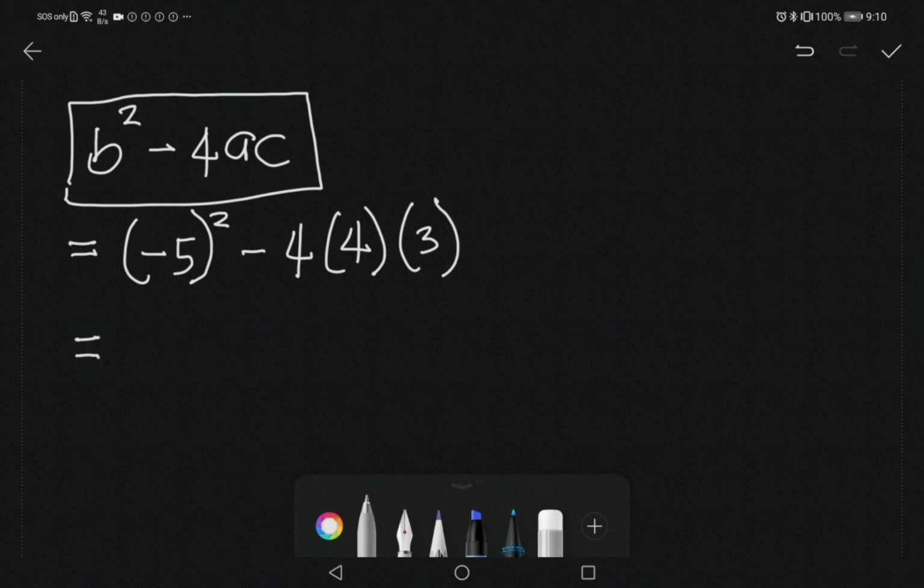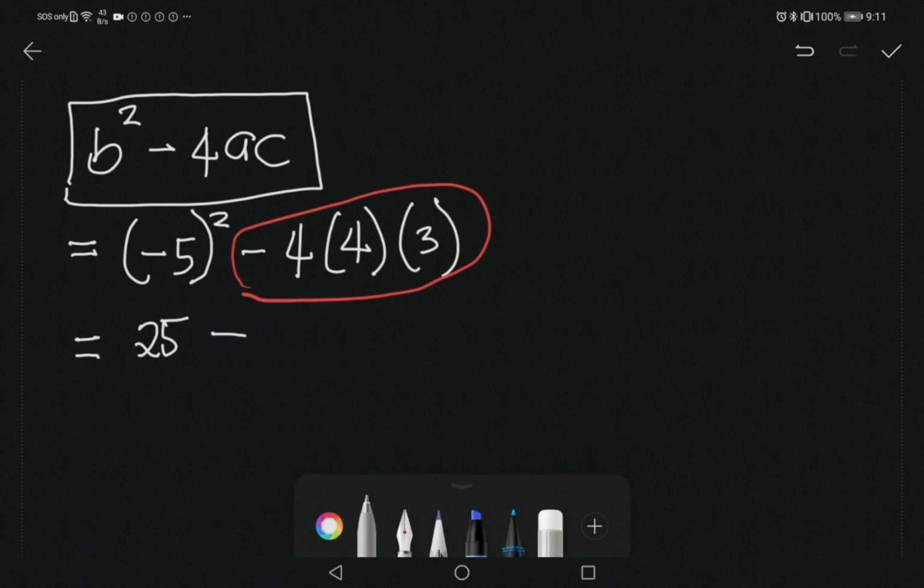So, -5 squared. So, -5 times -5 is +25. Then, kani siya, naa man kay negative, so, meaning negative siya.